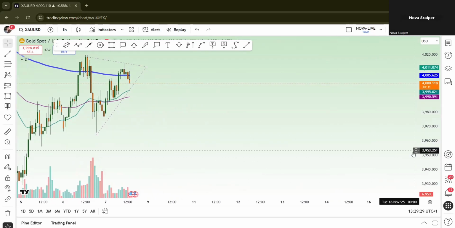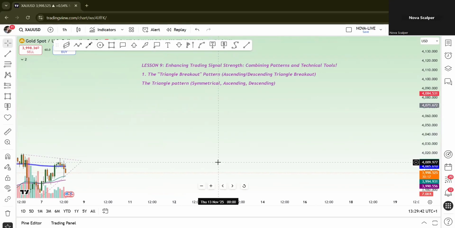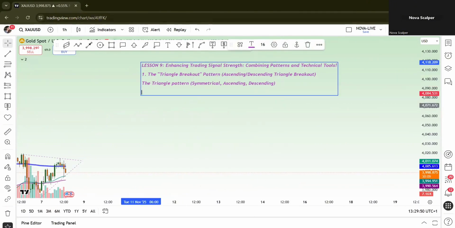Okay, so let's move to the next one. Combine with the pullback to support or resistance level, combining the candlestick pattern with a pullback to a support or resistance level.